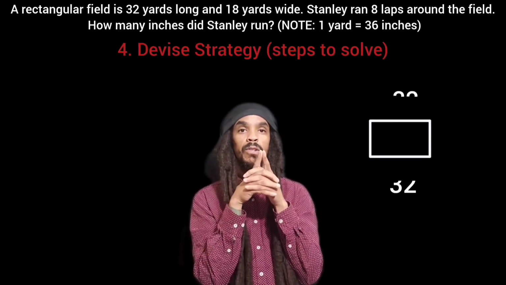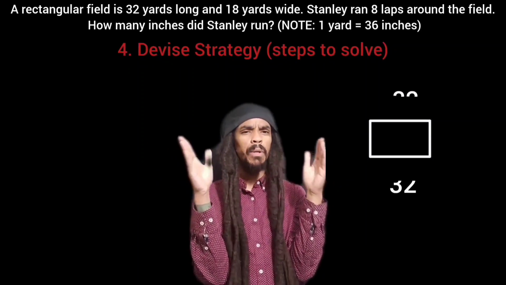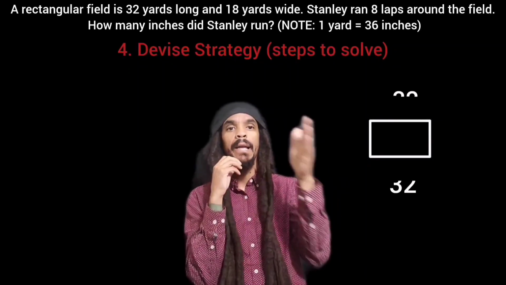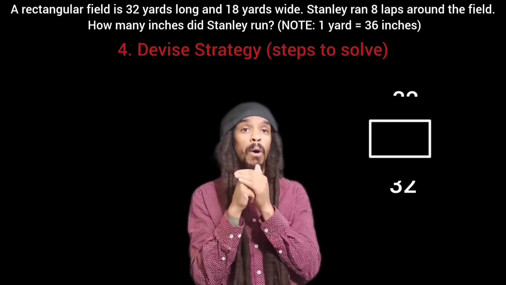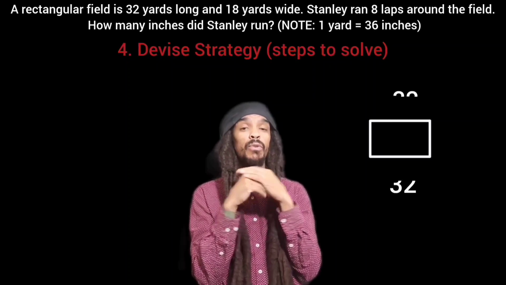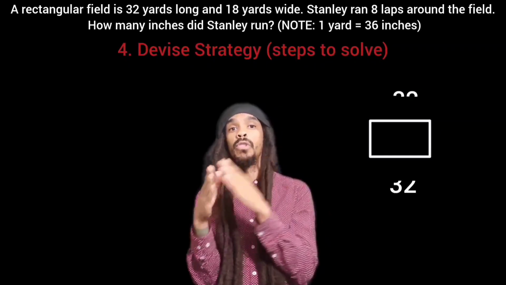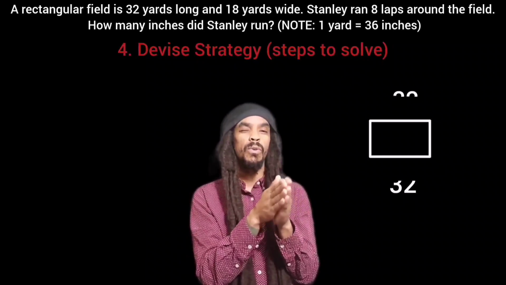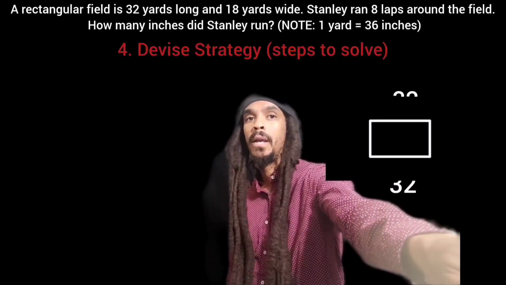So I find the perimeter of the field, and then I probably want to multiply that by the amount of times Stanley ran around it. So find the perimeter, multiply that perimeter by 8, and then I could do my conversions, because then I'd know the total in yards, and I could convert those yards to inches. So those are my 3 main steps for going about solving this problem.